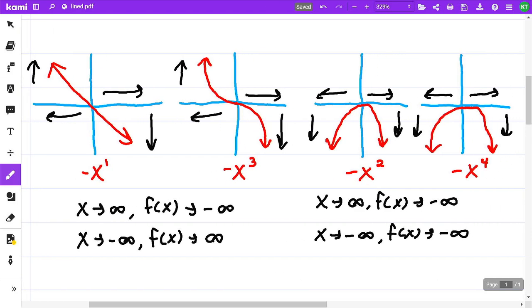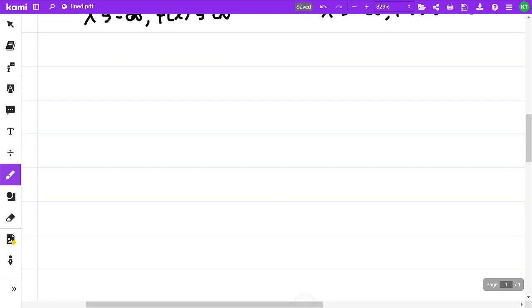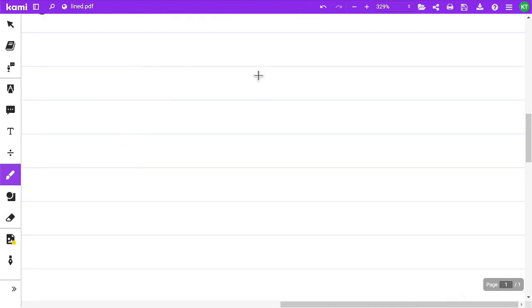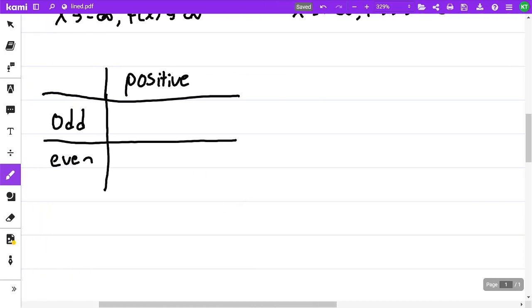And so a quick way to remember this as an organizer, if we have an odd degree, and then if we have an even degree, we can also split that up between positive and negative.